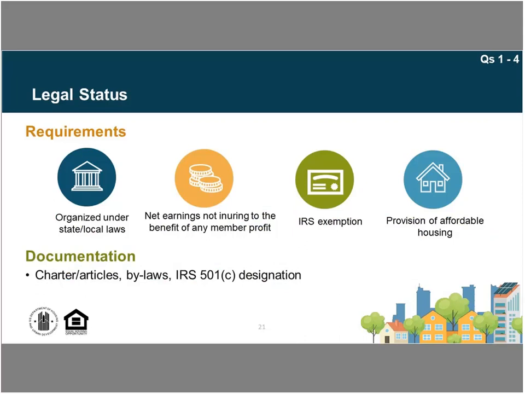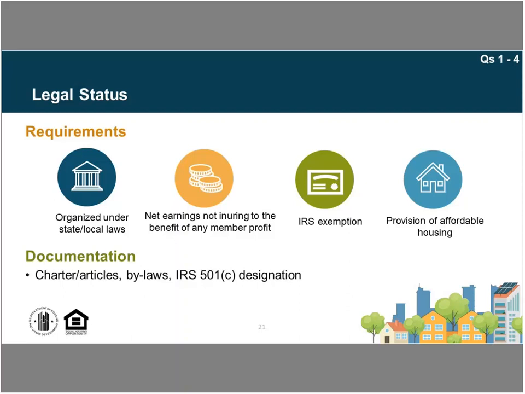They have to meet one of the IRS exemption categories, generally 501(c)(3) or (c)(4), or they can be a local affiliate of a national nonprofit under Section 905 of the Internal Revenue Code. Either they or their national parent needs to be recognized as a nonprofit by the IRS, and they have to have as one of their stated purposes the provision of affordable housing.